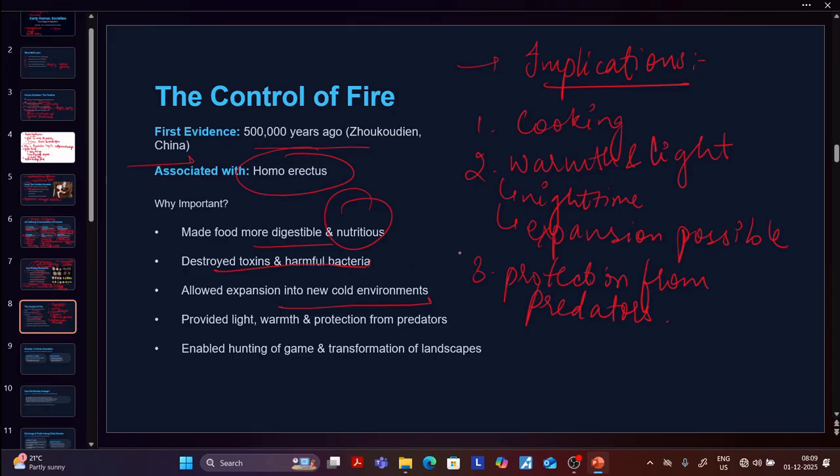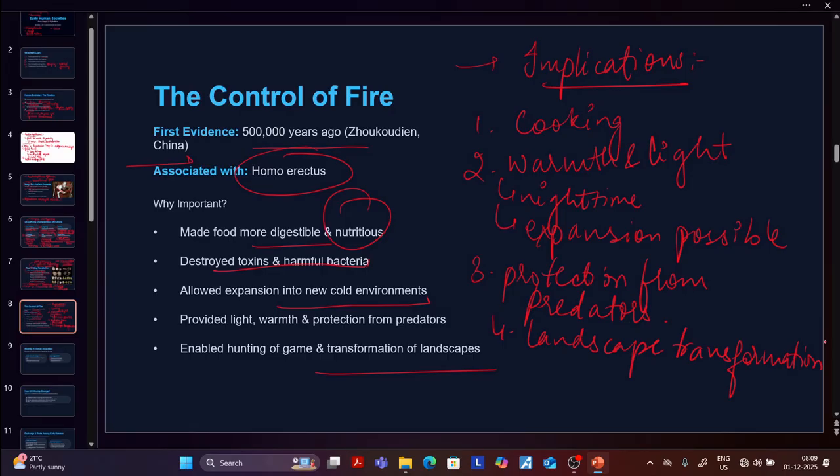Fourth, landscape transformation. Fire could be used deliberately to burn vegetation, promoting growth of useful plants or driving game towards hunters. This represents intentional landscape management. Humans were no longer simply passive inhabitants of their environment, they were actively shaping it.